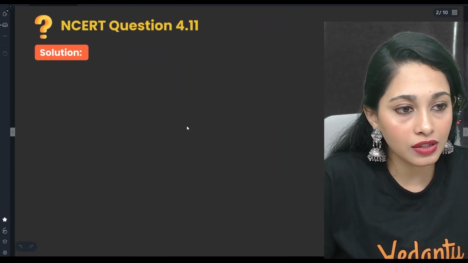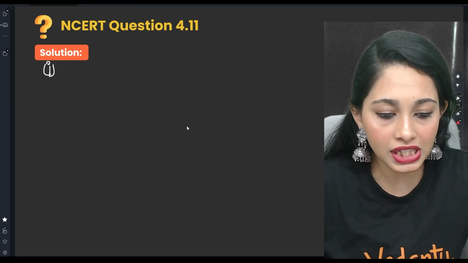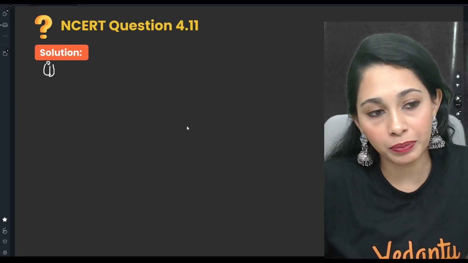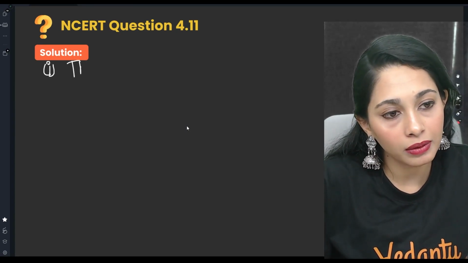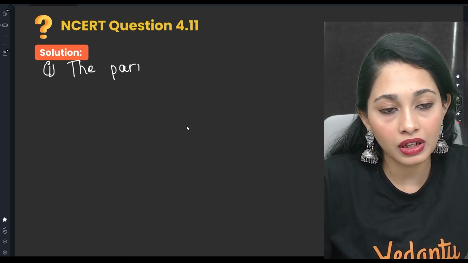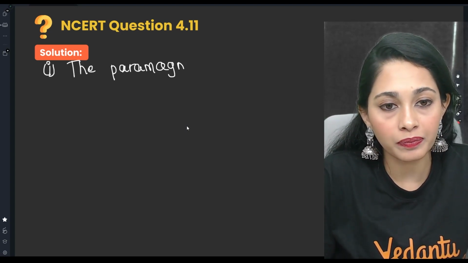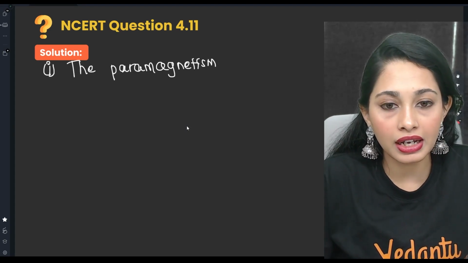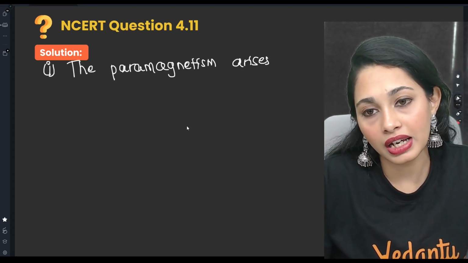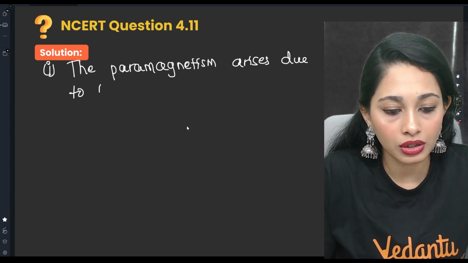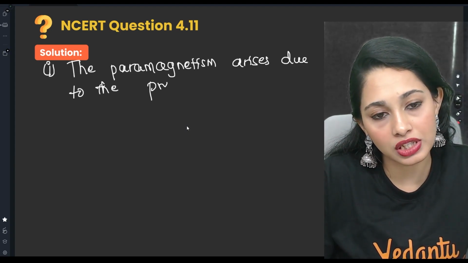So let's discuss the very first one, which is transition metals show paramagnetic behavior. So the paramagnetism arises due to the presence of unpaired electrons.